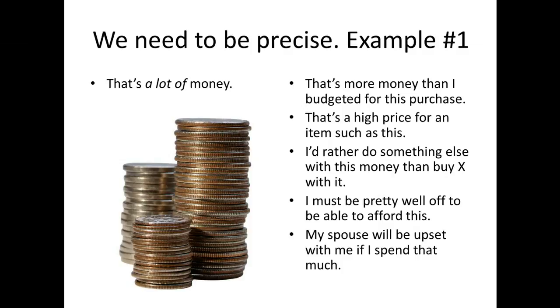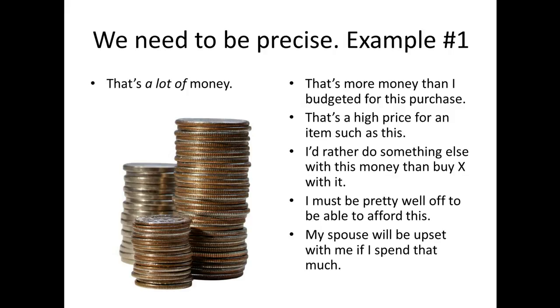Now on the right side, we have several possible precise meanings of that sentence. It could mean, "That's more money than I budgeted for this purchase." It could mean, "That's a high price for such an item as this." It could mean, "I'd rather do something else with this money than buy X with it."